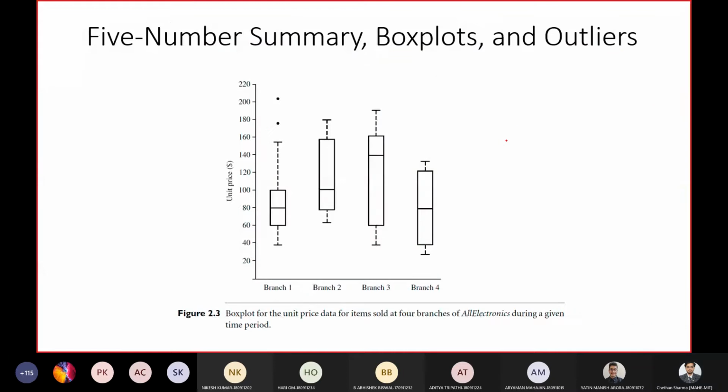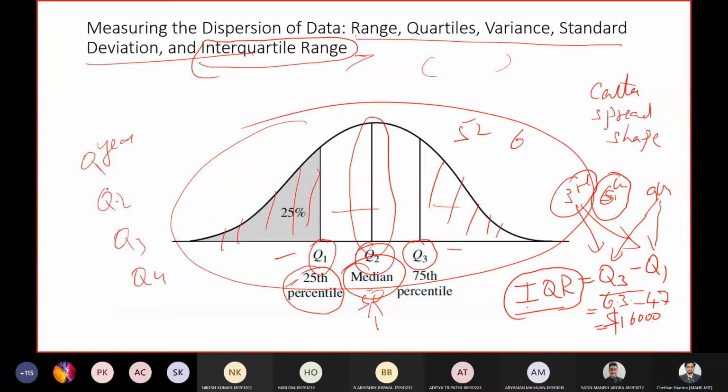Okay. So what is the disadvantage of this quartile graph? You know Q1, you know the median, that is Q2, you know Q3. But even if you put everything together, you don't have information about the endpoints.